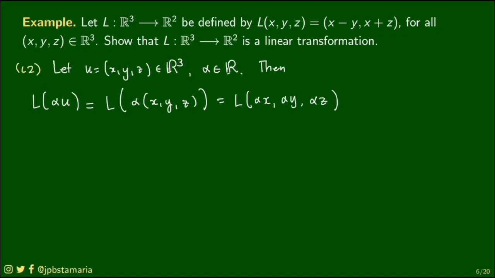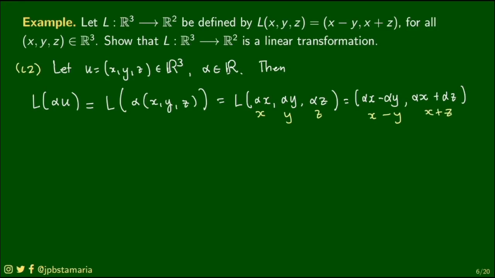By the definition of L, this (alpha x, alpha y, alpha z) vector will transform into the vector in R2 equal to (alpha x minus alpha y, alpha x plus alpha z). Again, when you think of this as the x, the y, and the z, this is going to be the x minus y, and this is going to be the x plus z.